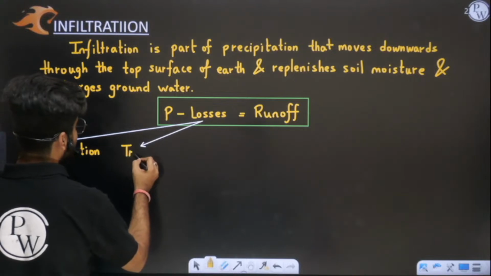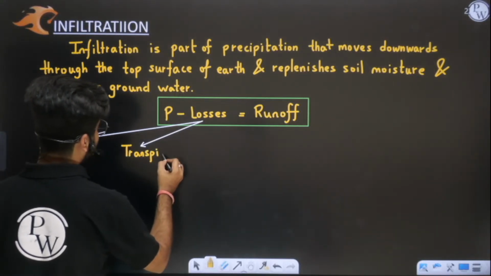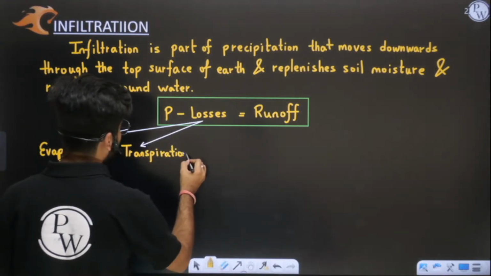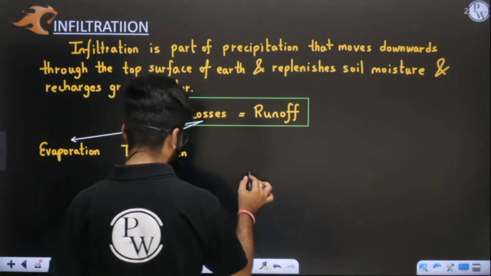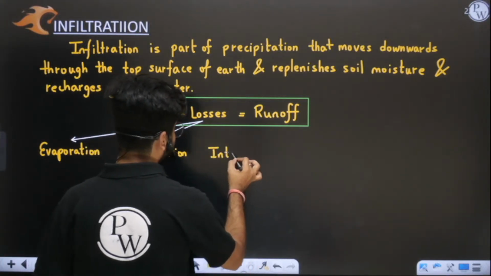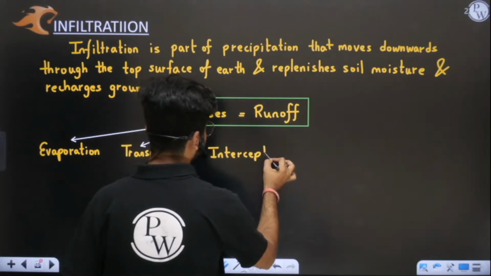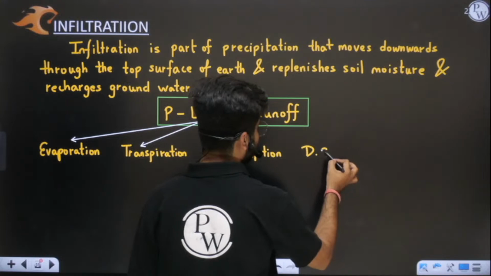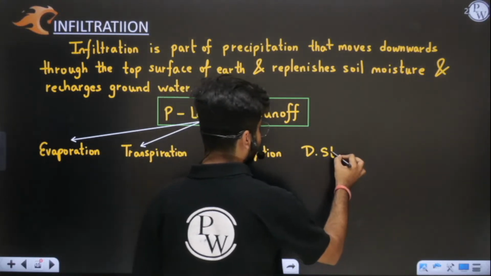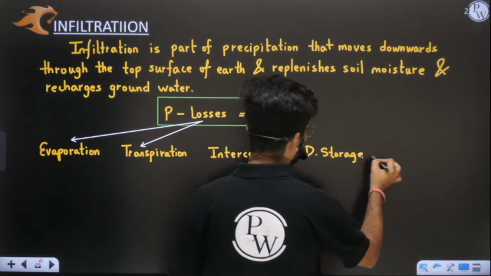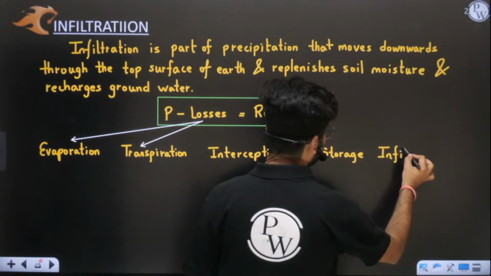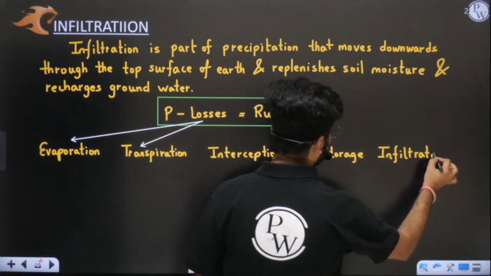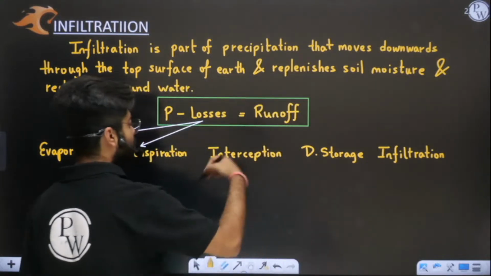Then we have depression storage, abbreviated as DS. Then we have infiltration, the last one. Can you guess which is the major loss, which can be neglected, and which cannot be neglected?